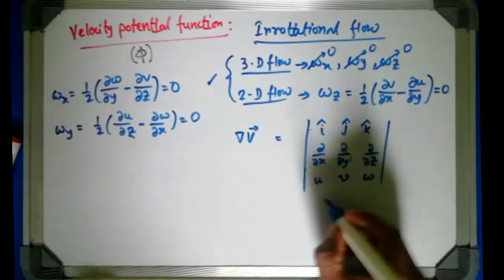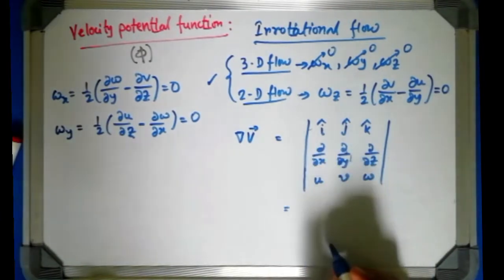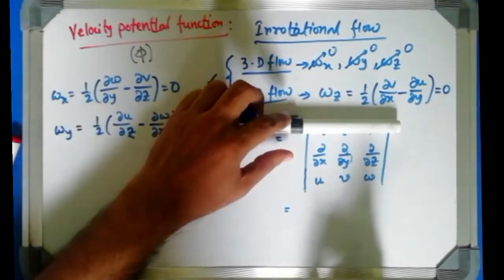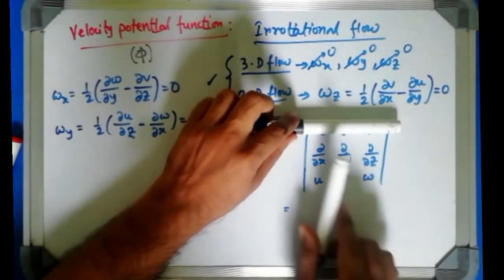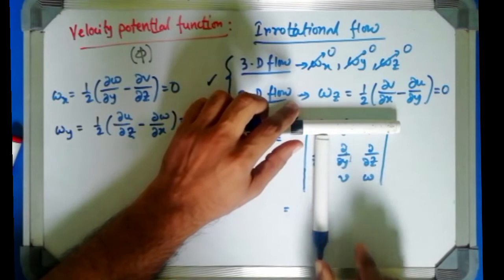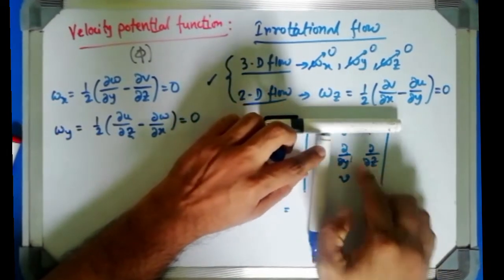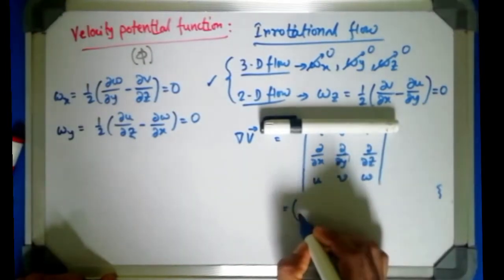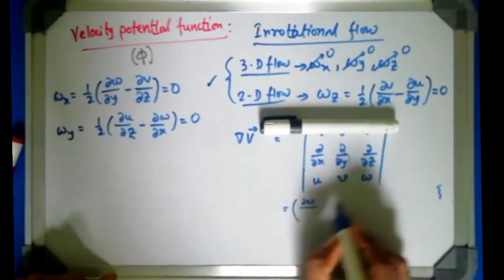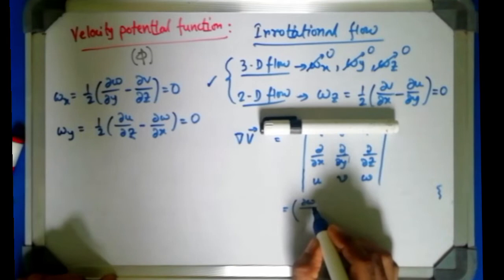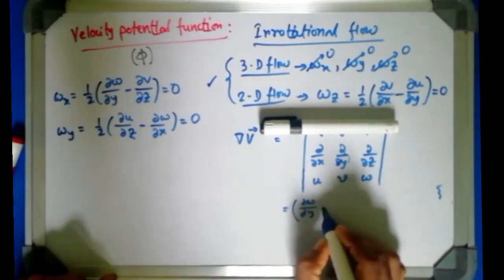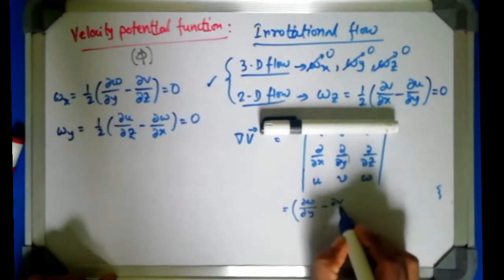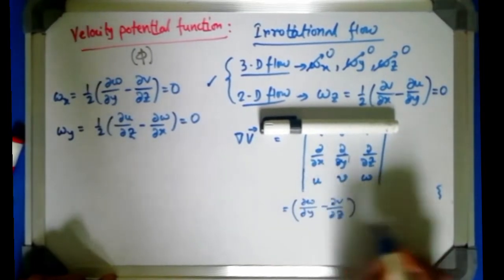If I write it in determinant form, we know the process from our mathematics background. If we go for this row and this column excluded, then I have to multiply crosswise, so the expression can be written like this: del w del y minus del v del z.